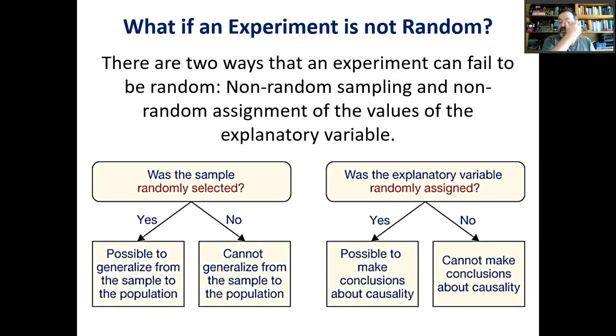What if an experiment is not random? So it turns out we've actually discussed two types of randomness now, right? We had random sampling, and then there's randomly assigning values of the variable by splitting the volunteers into groups. So let's think about the runners who lift weights again.